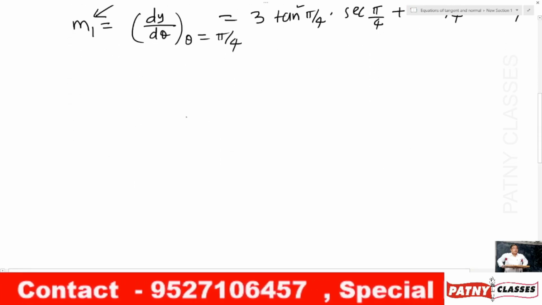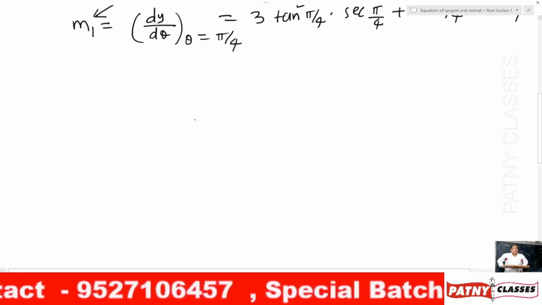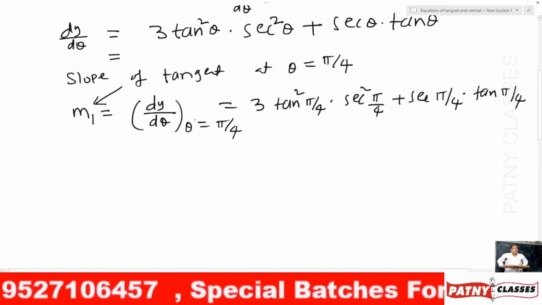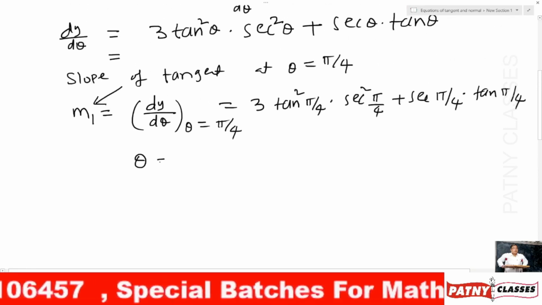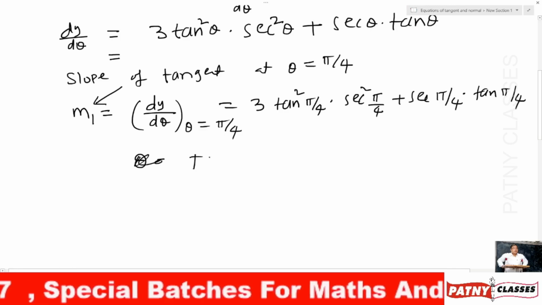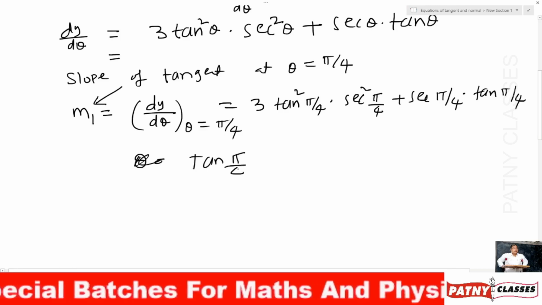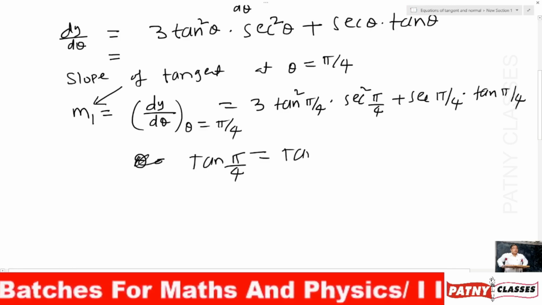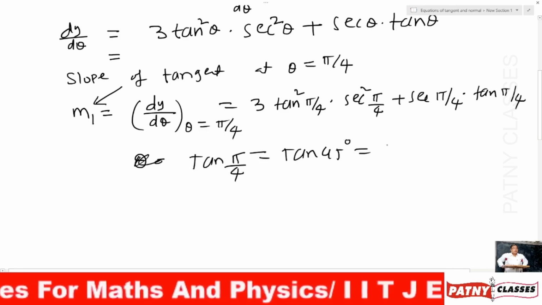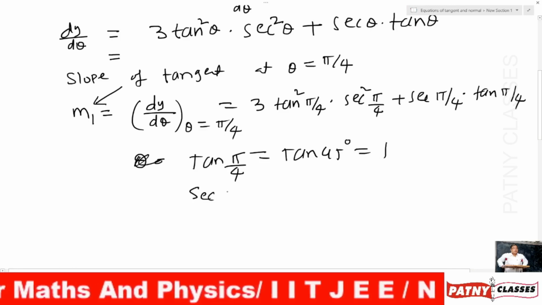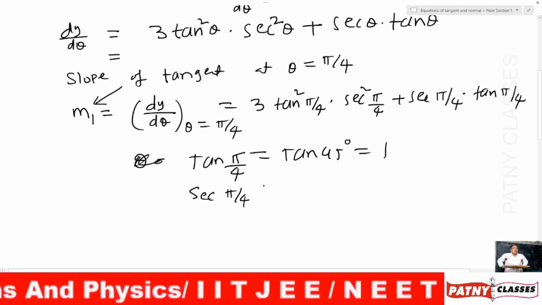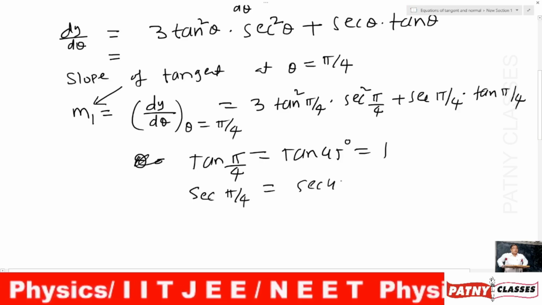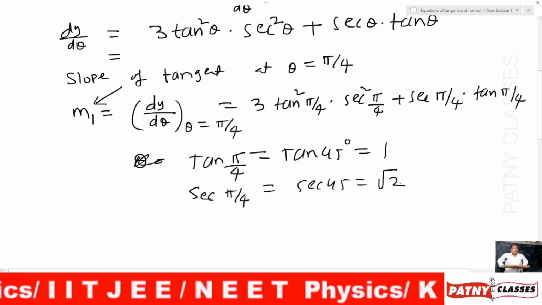We know that tan pi by 4 equals tan 45 equals 1. Sec pi by 4 equals sec 45 equals root 2.